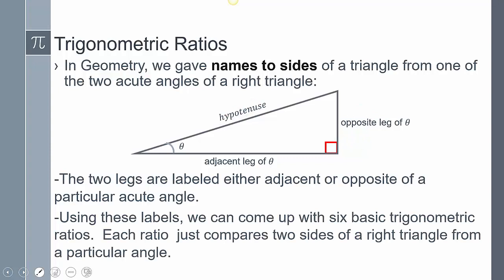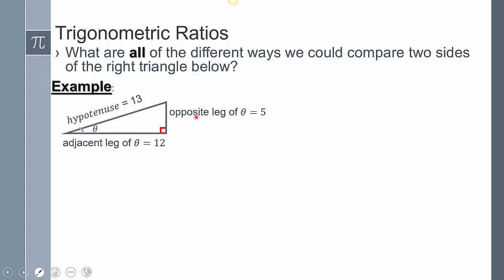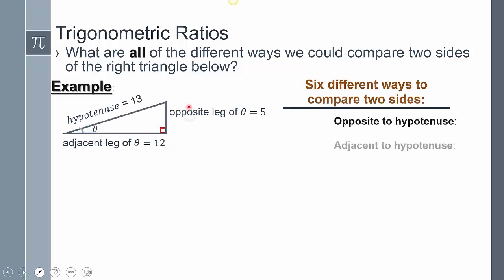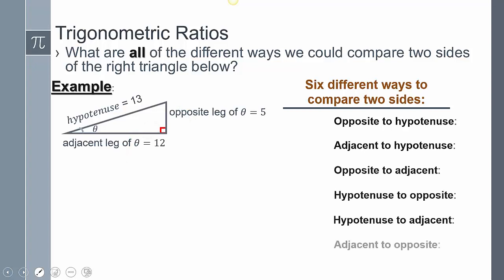Using these labels, we came up with 6 basic trig ratios, and each ratio compares 2 sides to each other. So in this example, I could compare the opposite to my adjacent, or the adjacent to my hypotenuse, or the opposite to my hypotenuse. And then I could also look at the reverse direction of those.